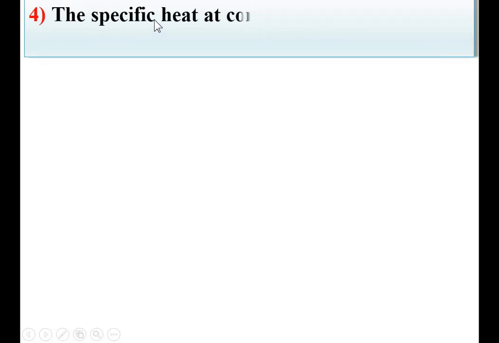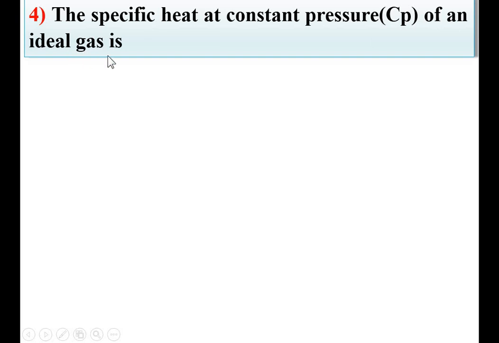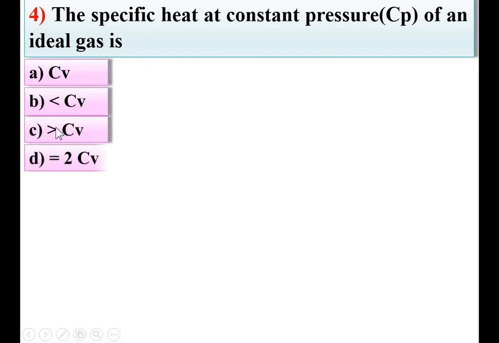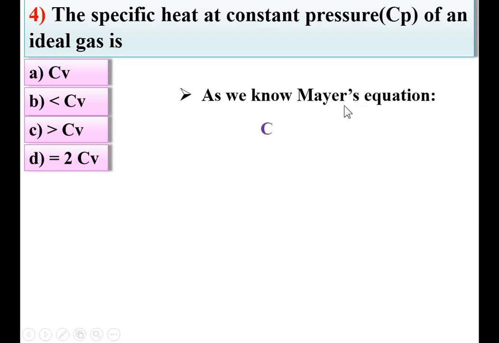Next, the specific heat at constant pressure, that means CP, of an ideal gas is: less than CV, greater than CV, equal to 2 times CV. As we know Mayer's equation, Cp minus Cv is equal to R. Here Cp means specific heat at constant pressure, and if I assume air as an ideal gas, then it is 1.005 kilojoule per kg Kelvin.